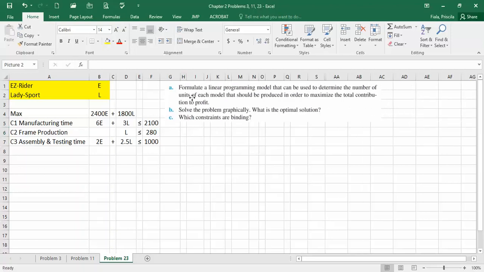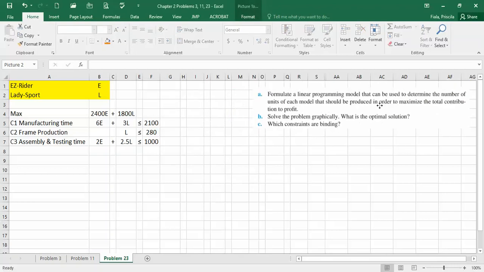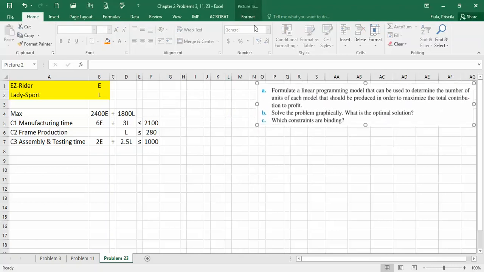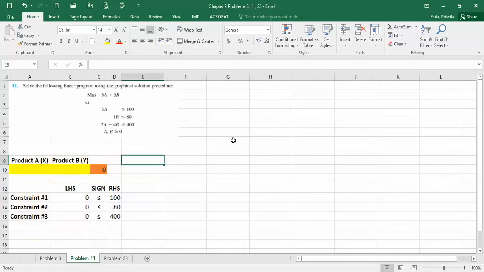You may disagree and use something different, which is fine with me, as long as you provide all your calculations so I can see how you got to the results. If you watched problem 3, I did it very basic. I inserted line by line, and then I showed you how to put in the shaded area. On problem 11, I did a little more, and I was able to develop the graph faster, and I also presented Solver, and then I added constraints one by one over here.